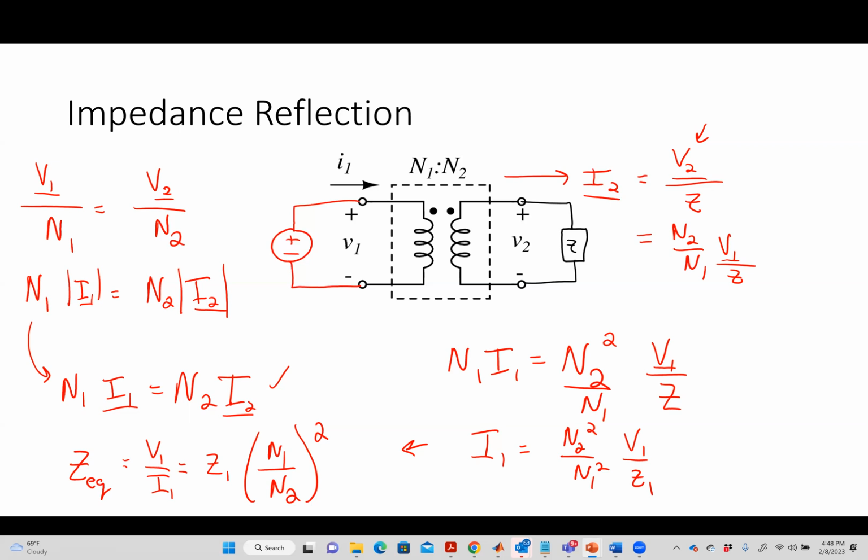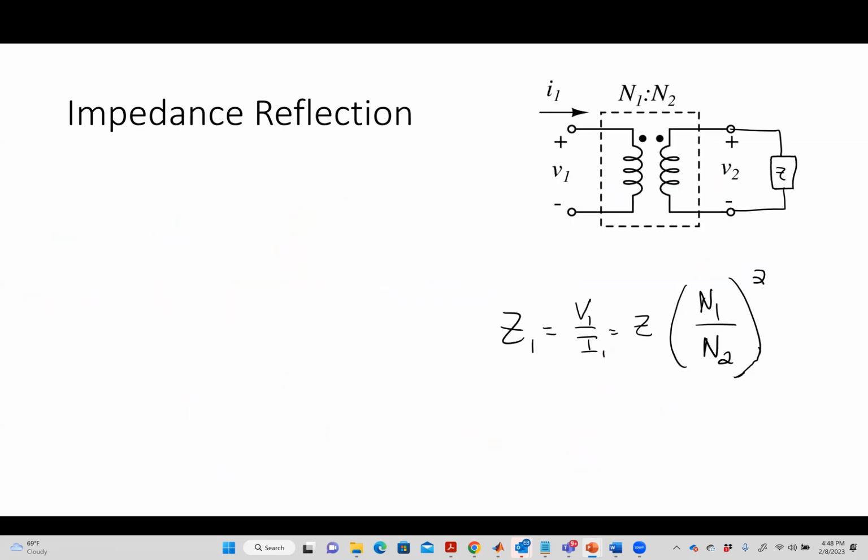So it's taking into effect the effect of the transformer and the load together. And so this is called impedance reflection. So you take the impedance and you multiply it by the turns ratio squared, is what I end up with. Now that turns out to be a pretty useful thing in a lot of ways when you're solving circuits. We do that a lot.